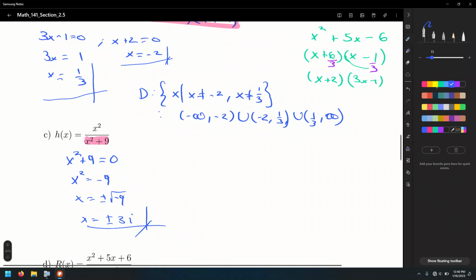So in this case, no real solutions, and therefore no vertical asymptotes.